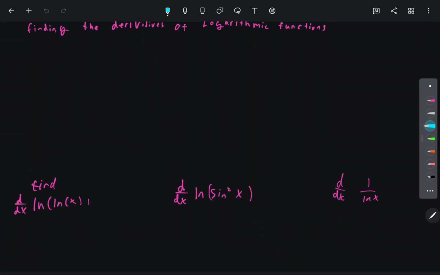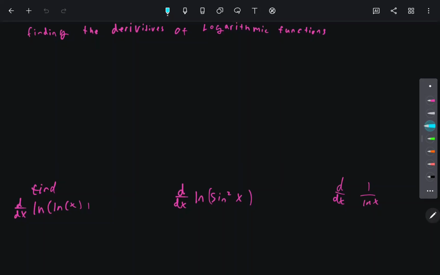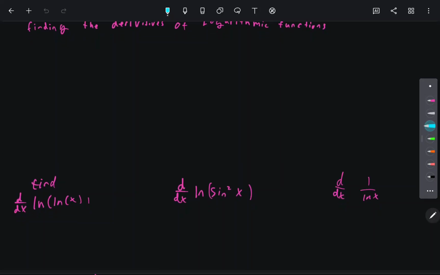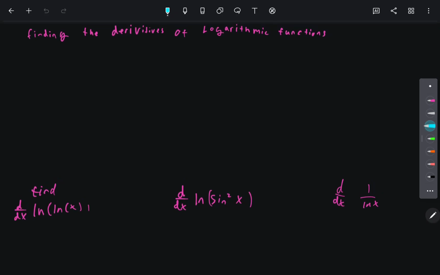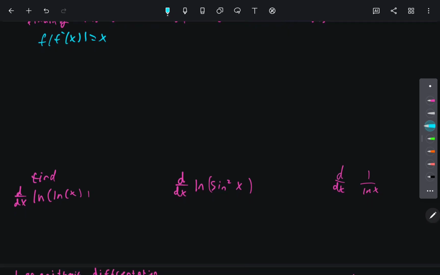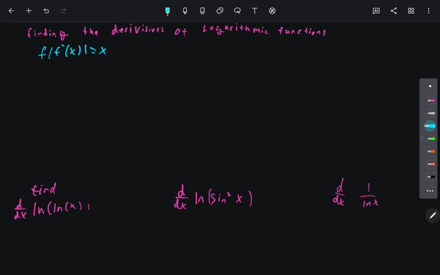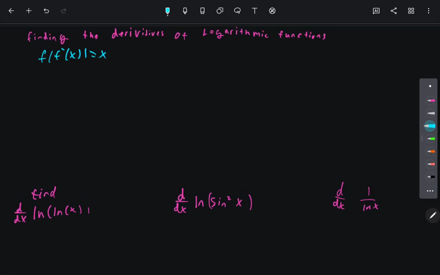So in order to prove or to show what the derivative of a logarithm is, we need to have something that we know. What do we know? Well, we know that f of f inverse of x is equal to x. Okay. Well, what does this give us? Well, we know that the logarithm is the inverse function of an exponential.